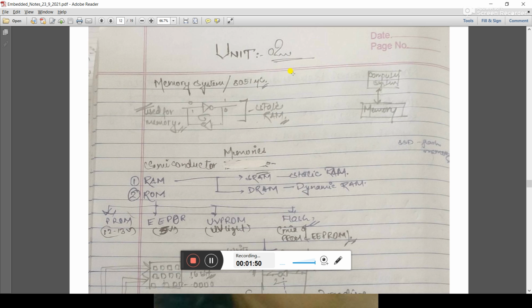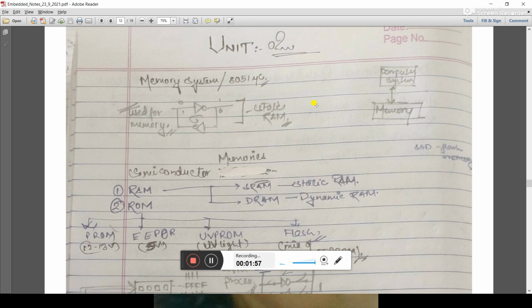Here you can find Unit 2. These are some of my class notes which will be available to you. The unit is divided into these two parts. Here you can see the semiconductor memory, the static RAM, in which there are two inverters, one on this side and another on this side.